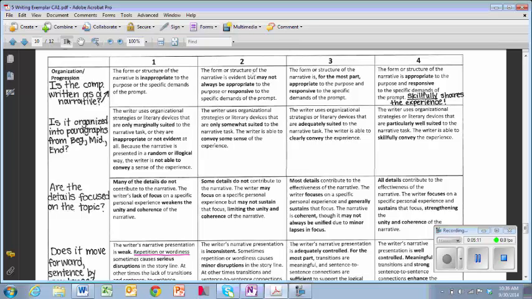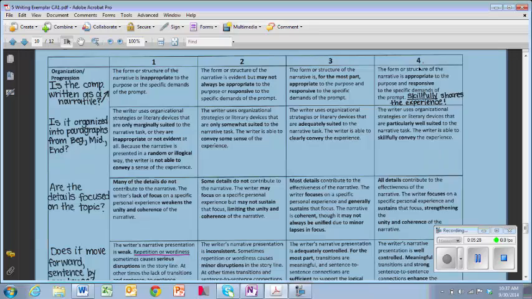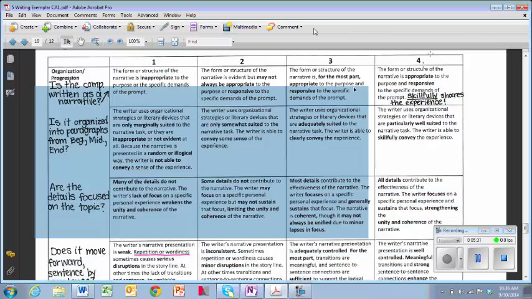A 2 may be a yes, like yes, it is kind of written as a narrative, but maybe not as appropriately written, or it doesn't exactly respond to the prompt the way that it should. A 3 or 4 generally means yes. Yes, the composition is written as a narrative.